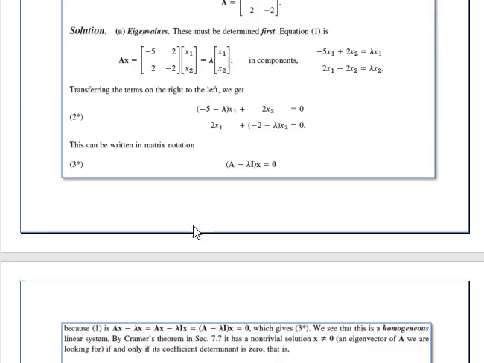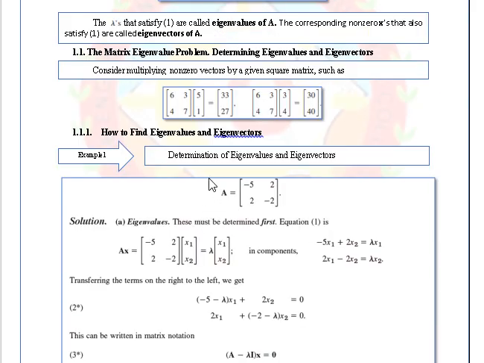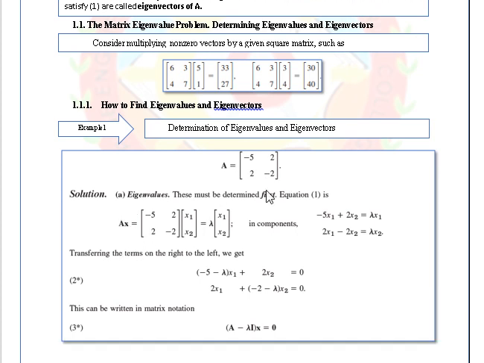We have here example one: determining the eigenvalues and eigenvectors. We have a matrix A with entries -5, 2, 2, and -2.